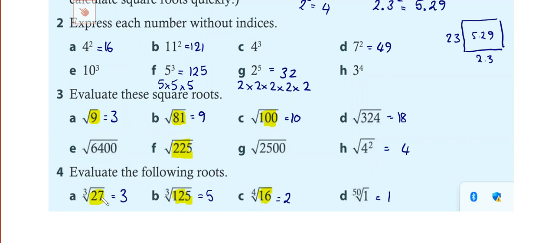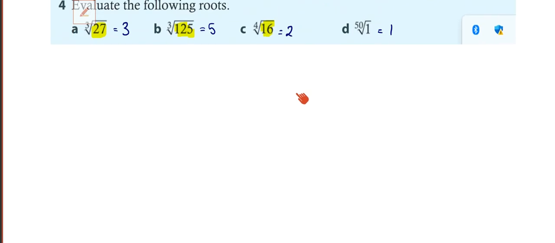These are all ones we should generally know without having to work them out on a calculator. So I should be able to tell you, and you should be able to tell me, that the 5th root of 32 is 2.